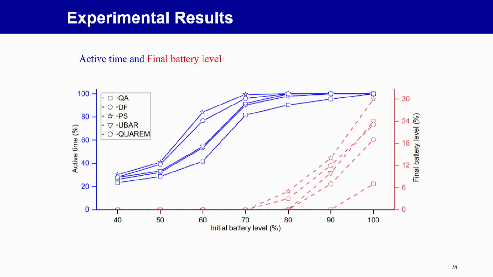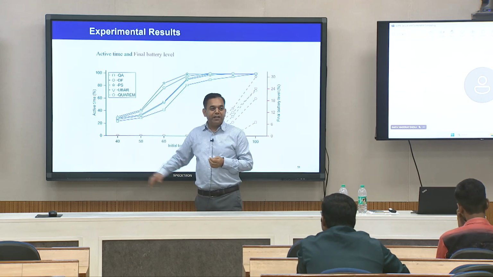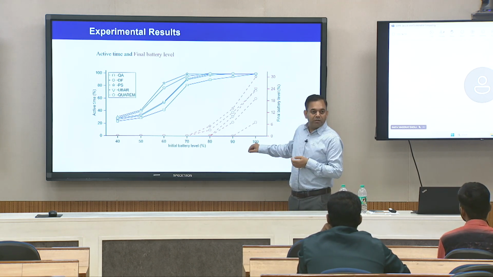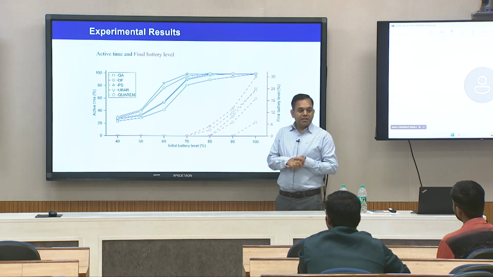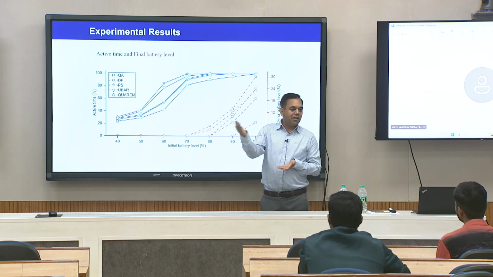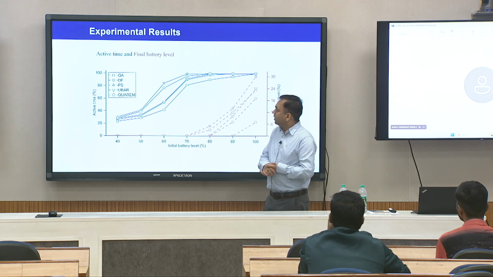So this is one set of results. What we did was take the phone and start with different initial battery levels. We charge the battery full and start with it. You are at 90%, you start with it. You are at 80%, you start the day with it, and 70%, you start the day with it.